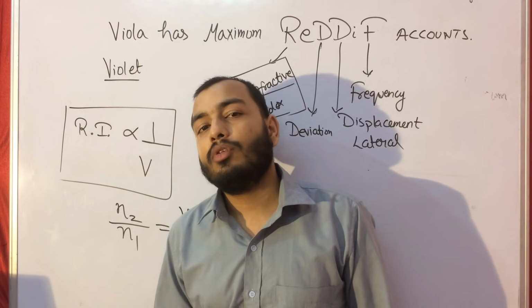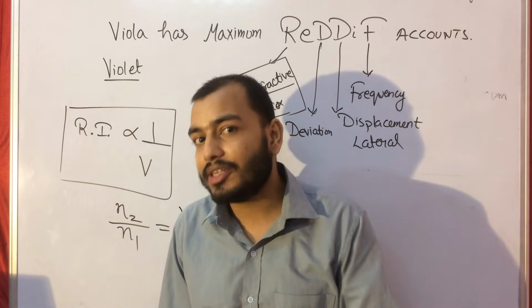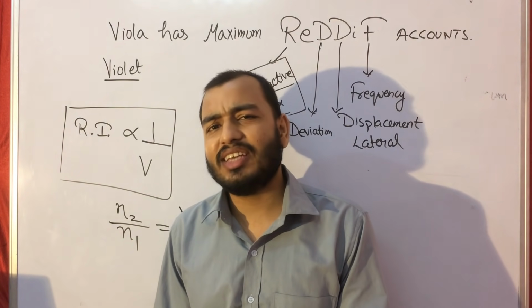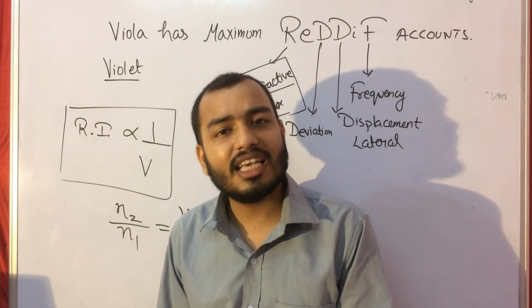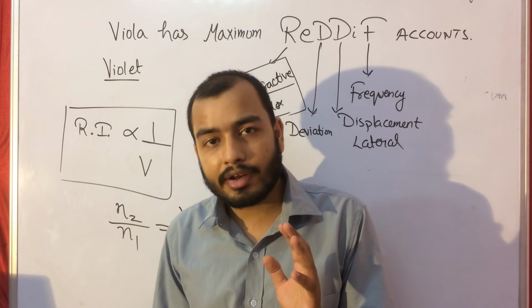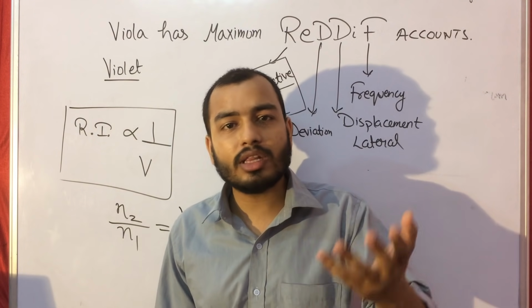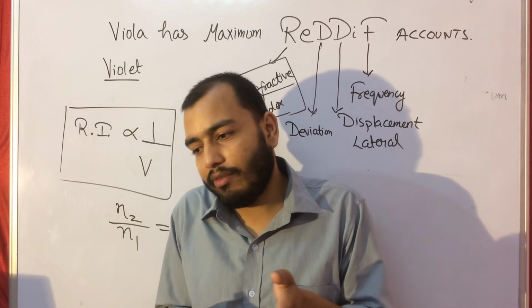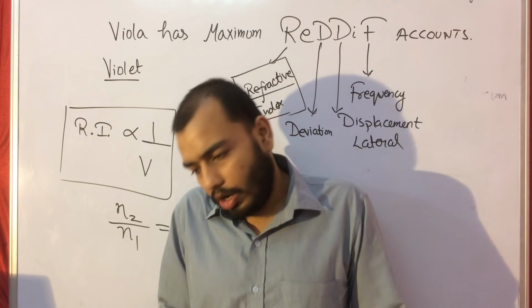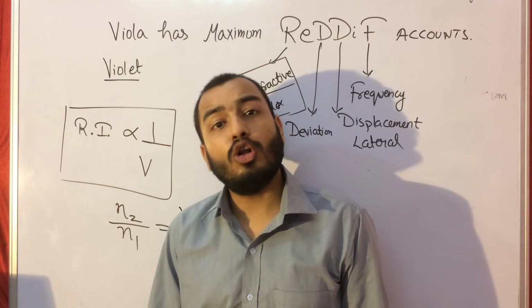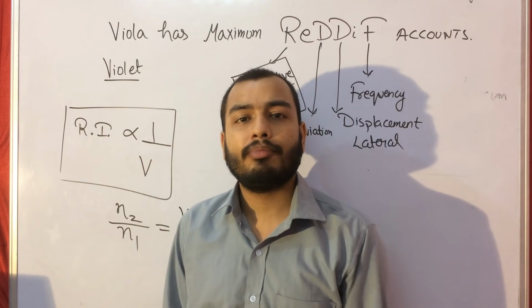Now in air, all the colors have the same speed. So their refractive index in air will be the same for all the colors. So all travel equal distance, all travel in a straight line, all show the same characteristic, same property.